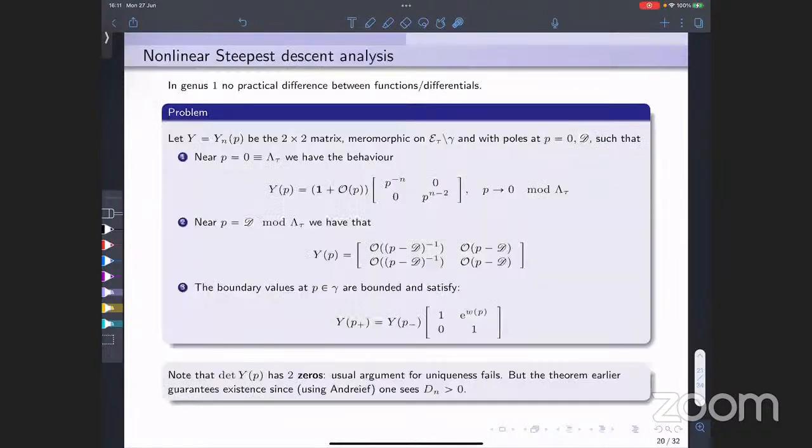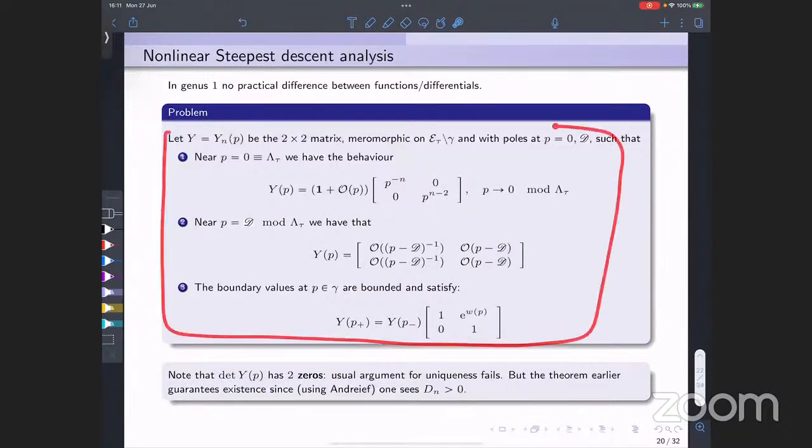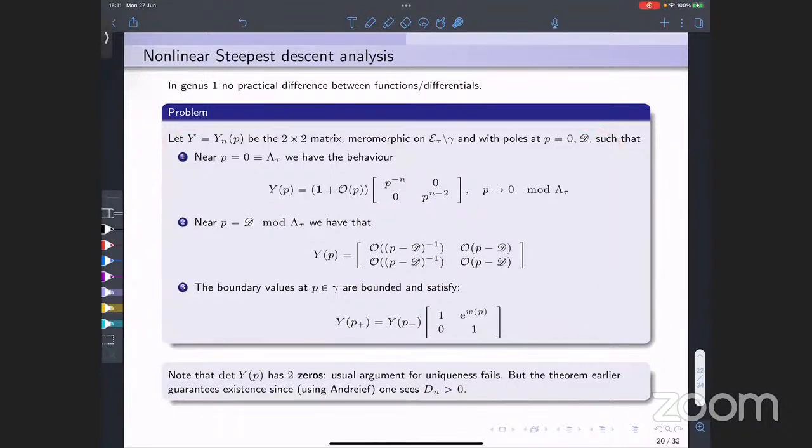Well, the answer is yes. Since I'm running out of time, this is the Riemann-Hilbert problem that you have to start with. Now you can work with elliptic functions: you divide by dv, and it's a 2x2 matrix of elliptic functions with particular jump conditions and particular poles.